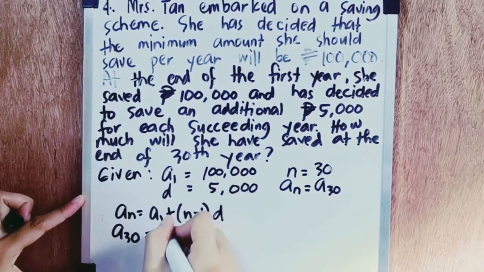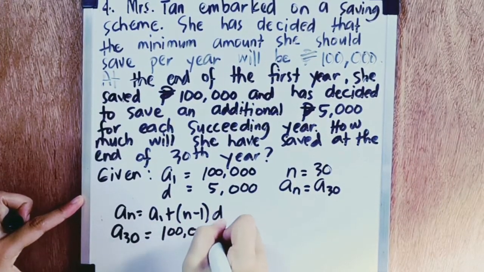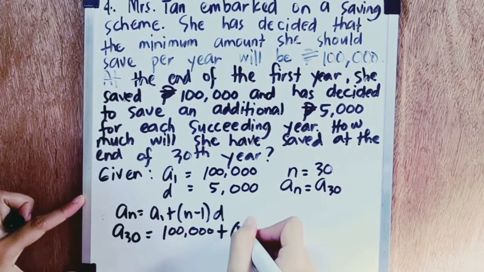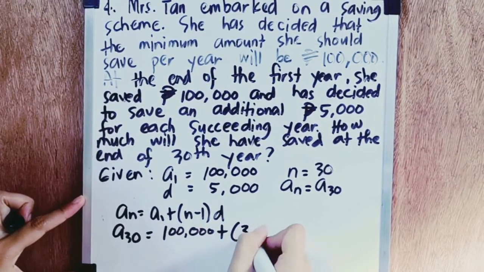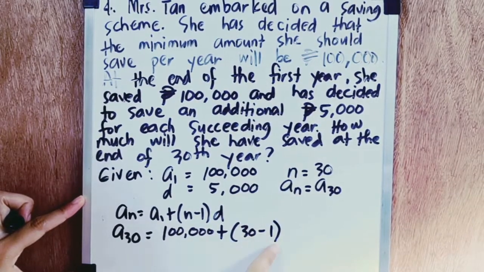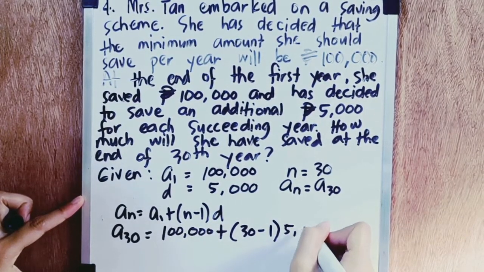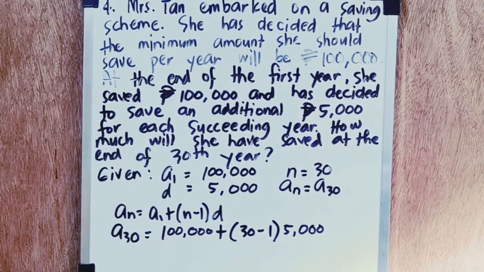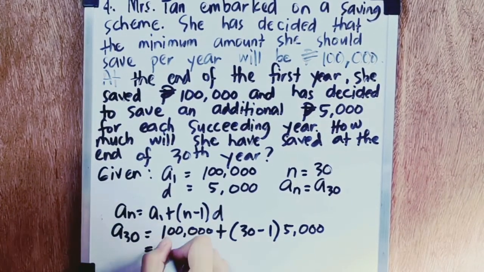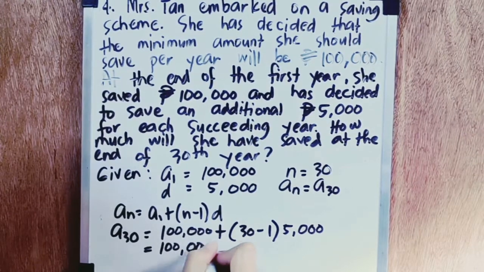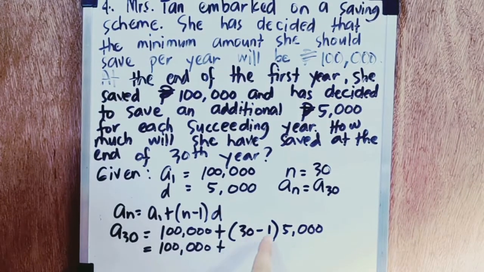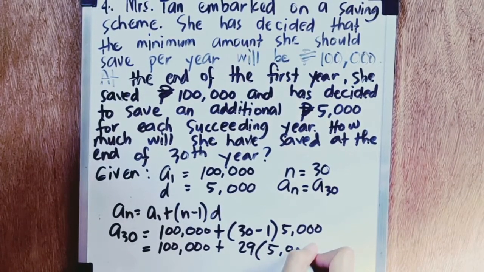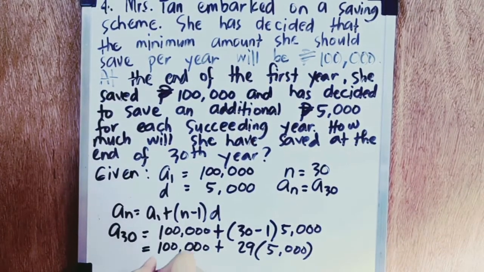A sub 1 is 100,000 pesos plus the value of n, which is 30, minus 1 times the common difference, 5,000 pesos. And then solve: 100,000 pesos plus 30 minus 1 is 29 times 5,000 pesos.